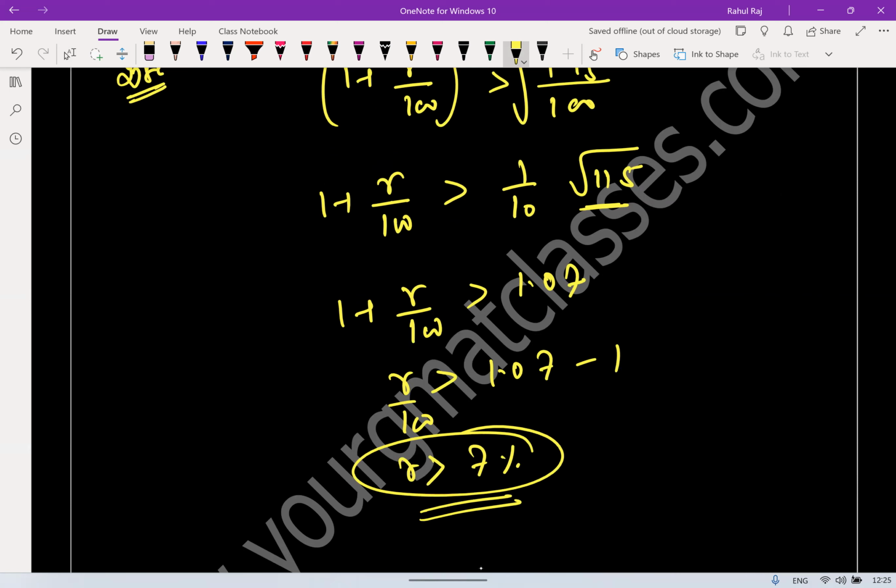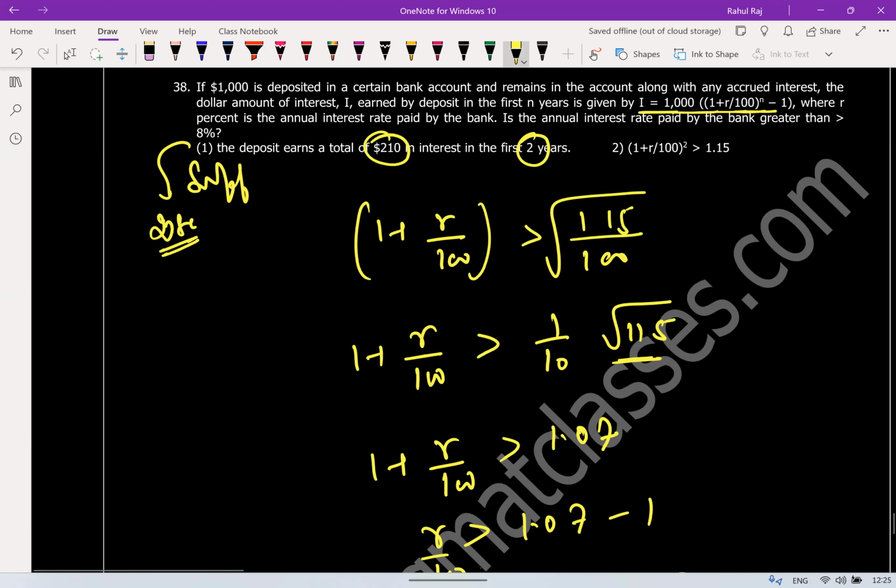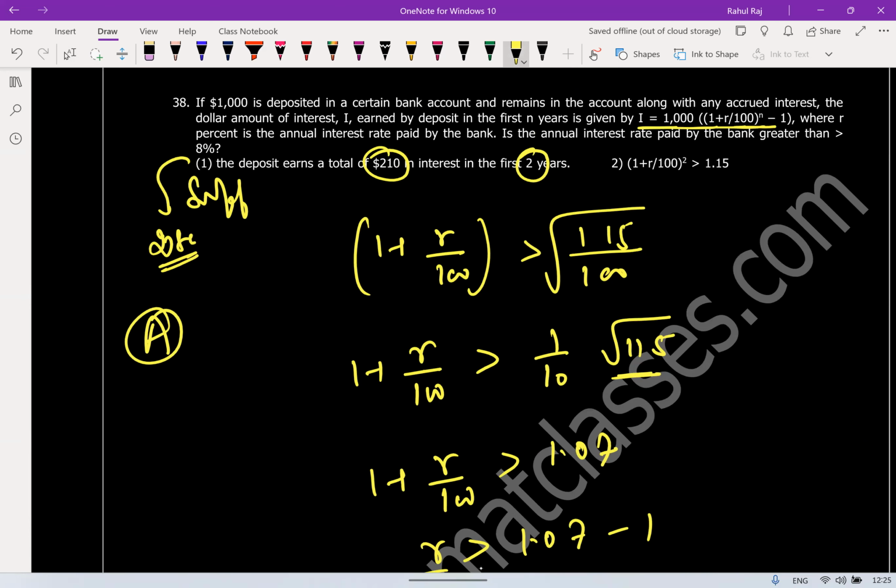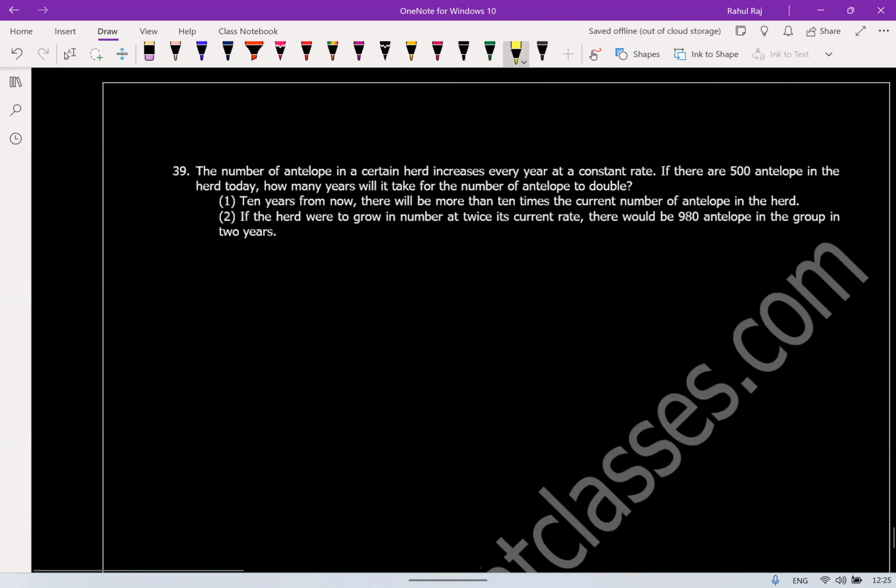If R is greater than 7%, it can be 7.5, it can be 8.5, so not sufficient. My question is asking whether R is greater than 8%, but here I'm getting R is greater than 7%. It can be 7.5, it can be 8, so not sufficient. So A is my answer. Clear? Question number 39, please.